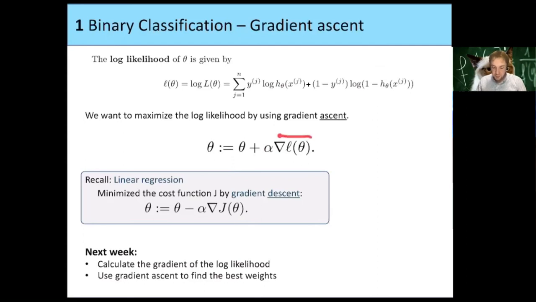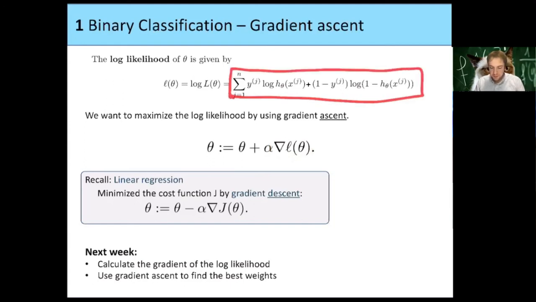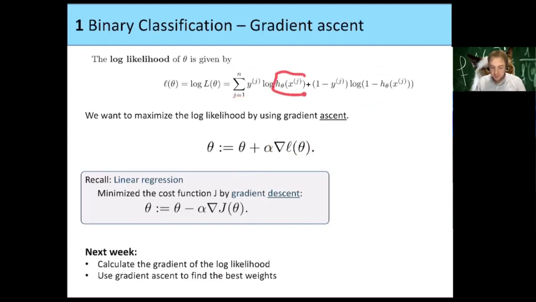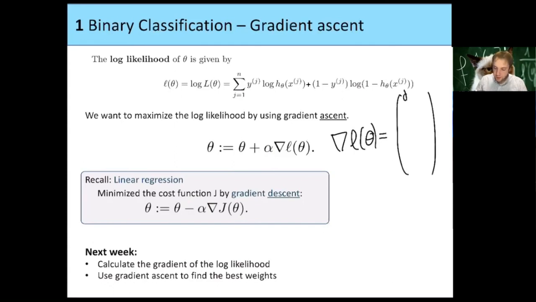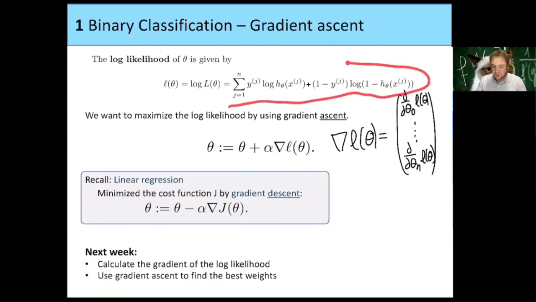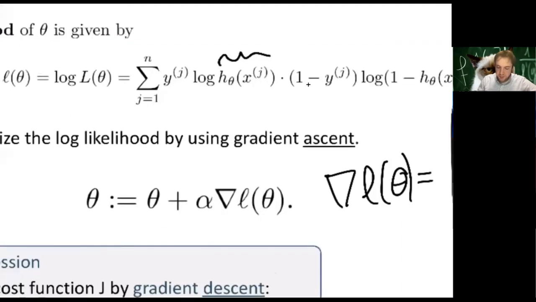What we need for this is to calculate the gradient of this thing here. So we need to plug in the gradient, which was given by this vector of partial derivatives. We need to consider what happens if we take the derivative of this function, and for this we need to plug in our hypothesis.